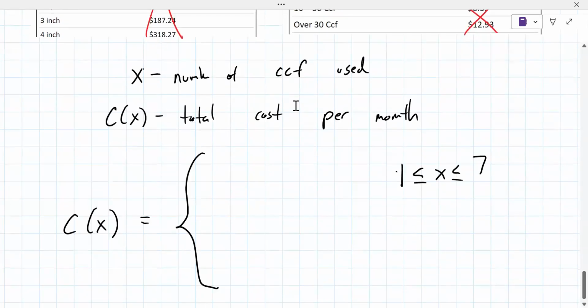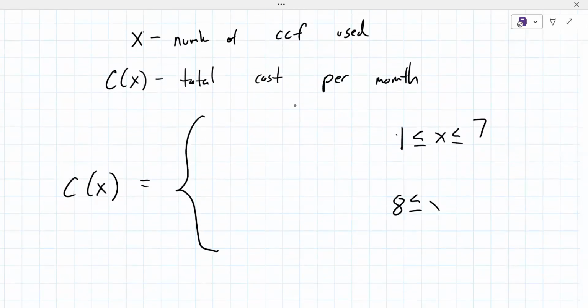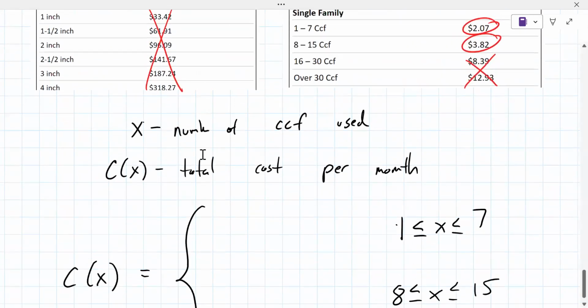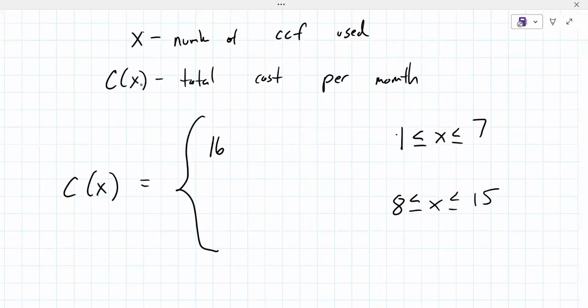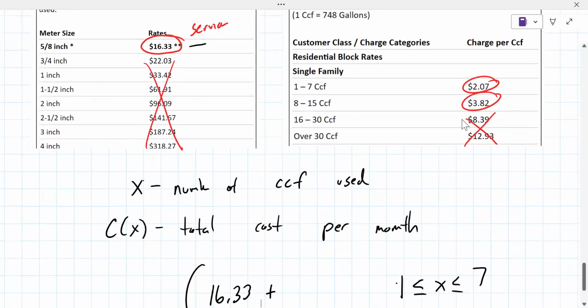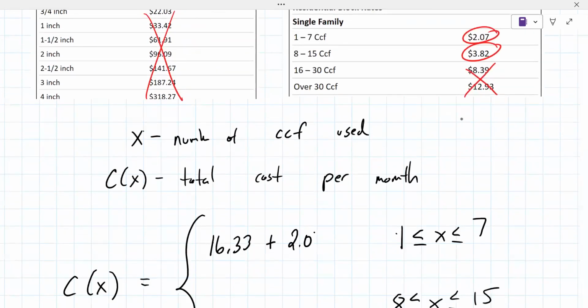The other one is good from 8 to 15. No matter whether you use 1 CCF or 15 CCFs, you always have this service charge. There's always this 16.33 plus the amount you pay, 2.07 times X.